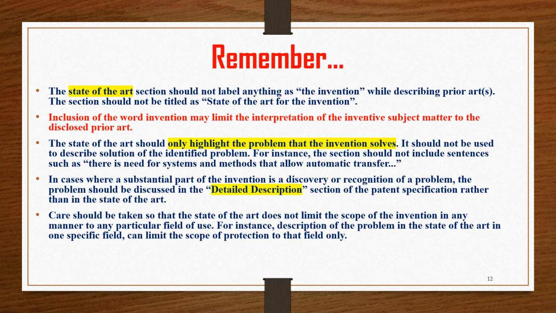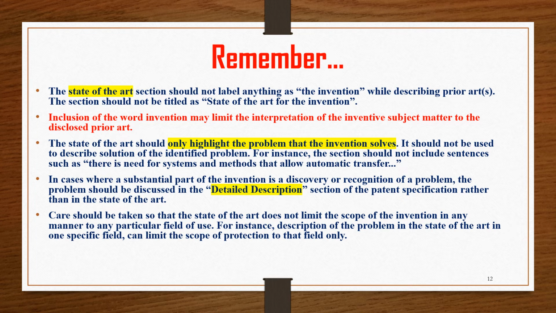First point: the state of the art section should not label anything as the invention while describing prior art. The section should not be titled as state of the art for the invention. Please take care and remember this statement.